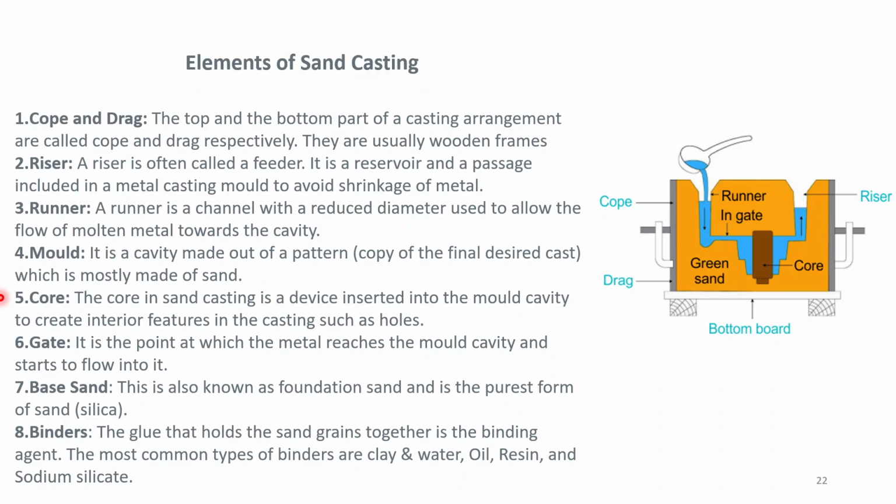Next you have base sand, also known as foundation sand, which is the purest form of sand, silica. Next you have binders. It is the glue which holds the sand grains together, the binding agent. The most common types of binders are clay and water, oil, resin and sodium silicate.